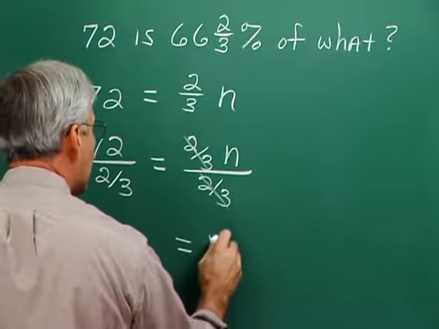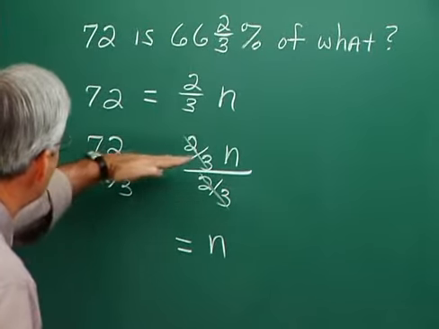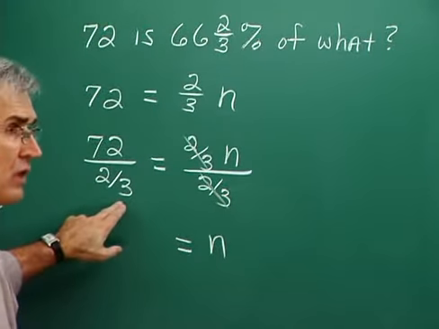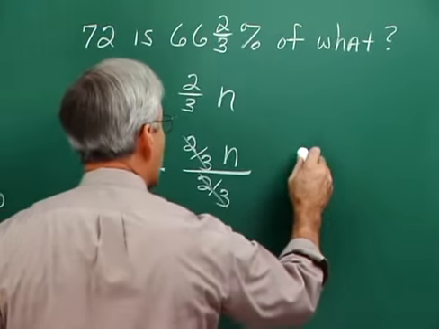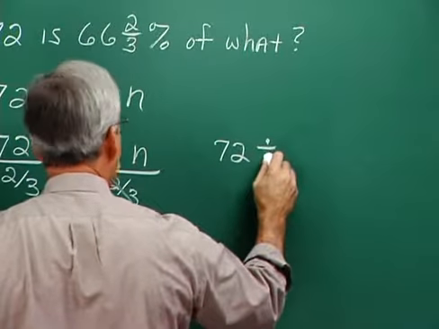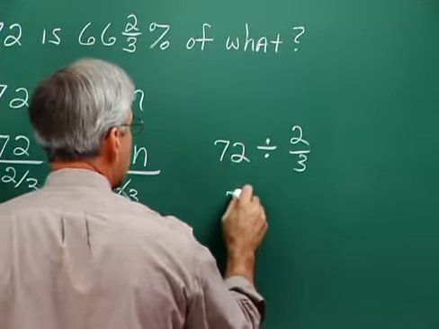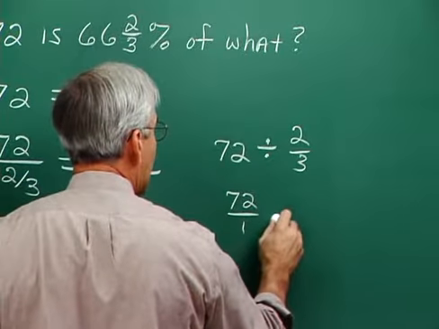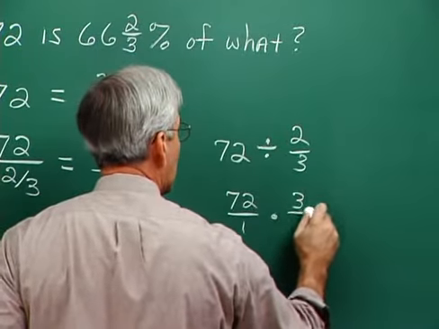And on the left side, we need to interpret this situation. This is 72 divided by 2/3. Well, we're a little more accustomed to seeing the situation like this. Let's slide over this way. It's 72 divided by 2/3. And if we write it like this, we know how to take care of it. This is 72 over 1 times, remember, we change the sign to times, and then flip this over, 3 over 2.